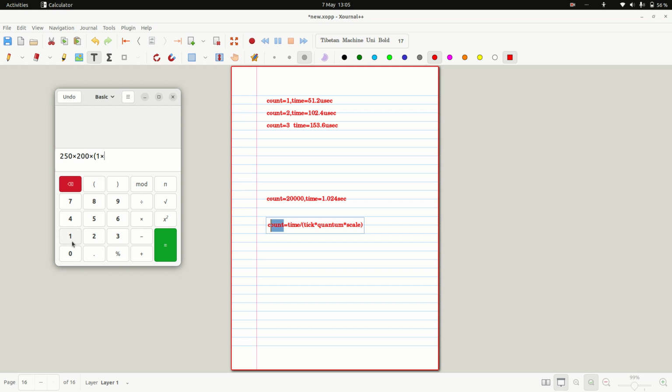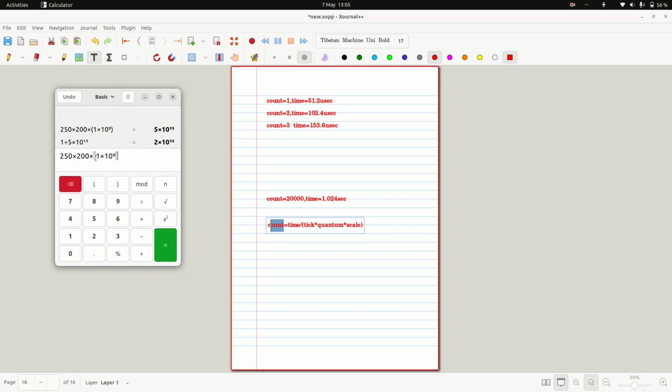So here I am going to write 1 by 10 to the power 9, that is nothing but 10 to the power minus 9, that is nothing but nano. So here we got the value. So 1 by this value is nothing but how much? Something I did wrong.